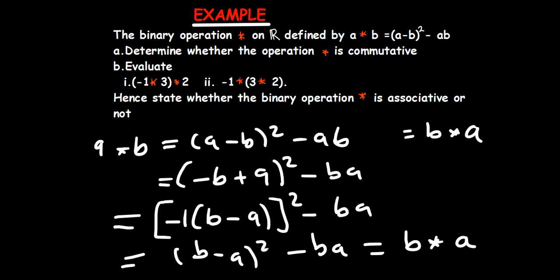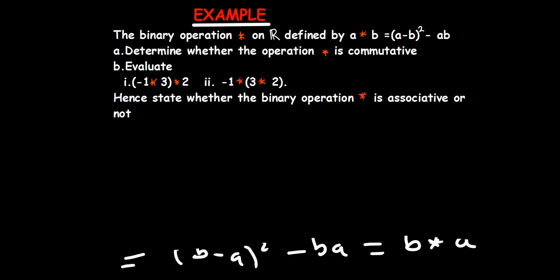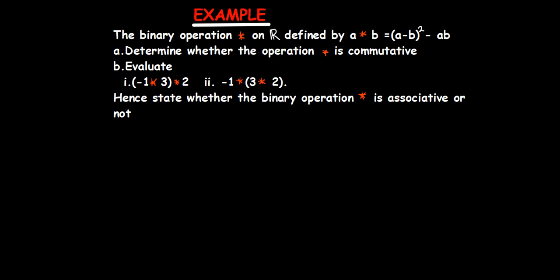Now we are told to evaluate those questions. So how are we going to do that? The first one says negative 1 star 3 star 2. So what you do is you work out first the part in the brackets, then you work out the one which follows.